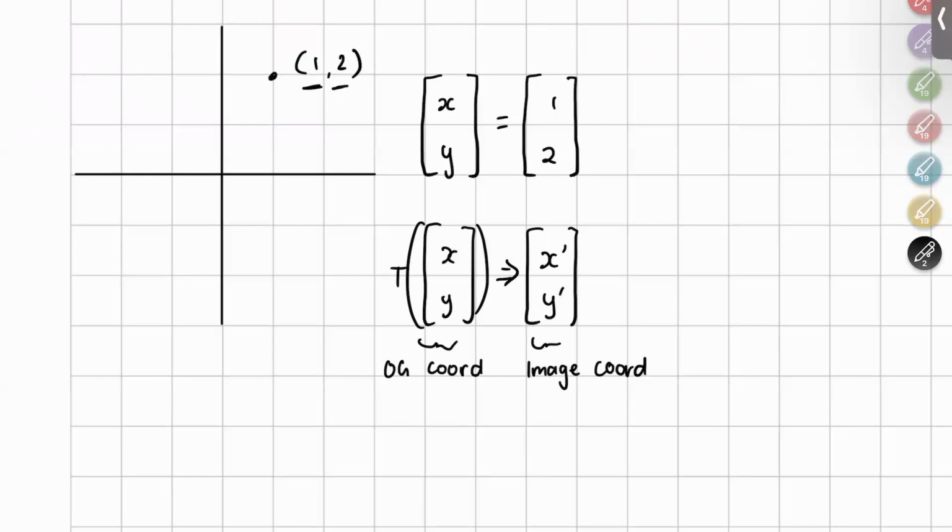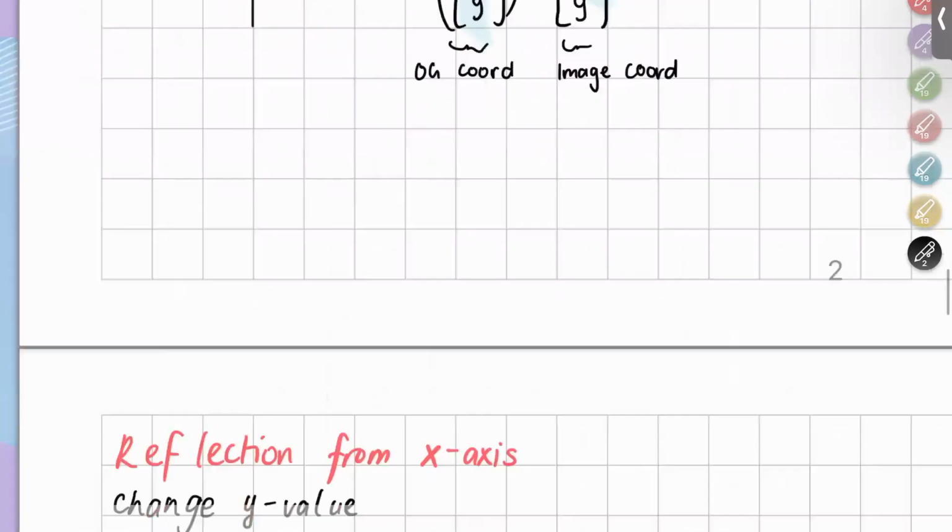And what you can do with this, now that you can turn it into a matrix, is you can transform the matrix, and you can see how neither of these two have a comma or an apostrophe because they are the original coordinates, okay? And once you change them, we call it the image, okay? And then you denote it with these little apostrophes at the top, okay?